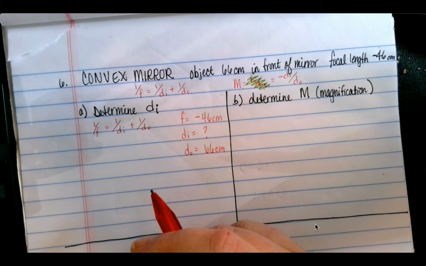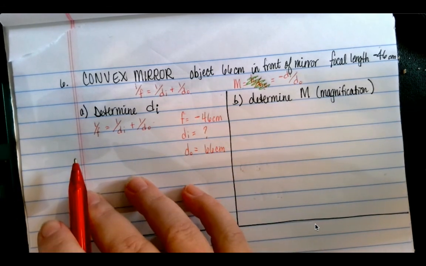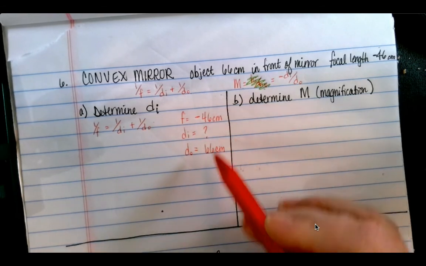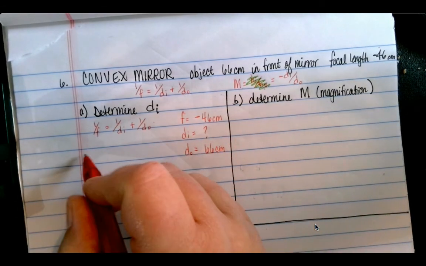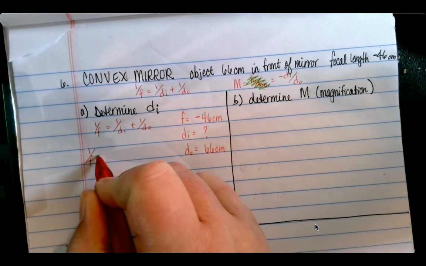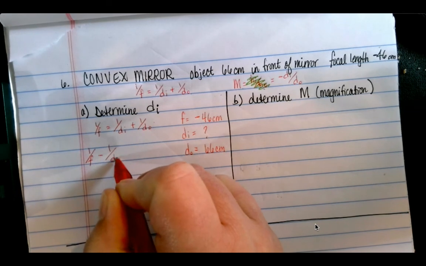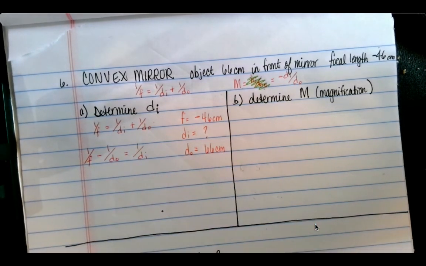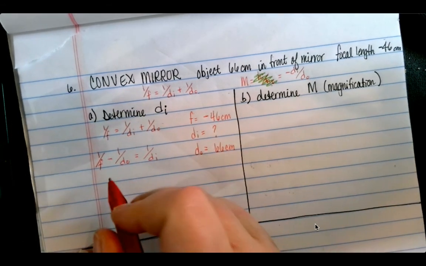So my 1 over the focal length equals 1 over di plus 1 over do. Well, I know the focal length and I know do, so I can say 1 over the focal length minus 1 over do is equal to 1 over di. Okay. But I don't want 1 over di. What I want is di.